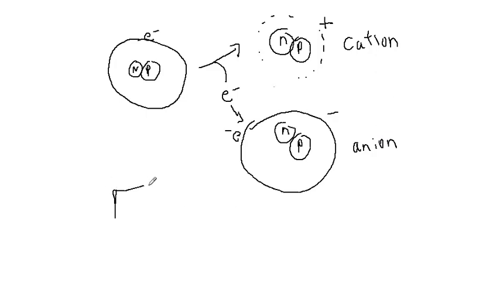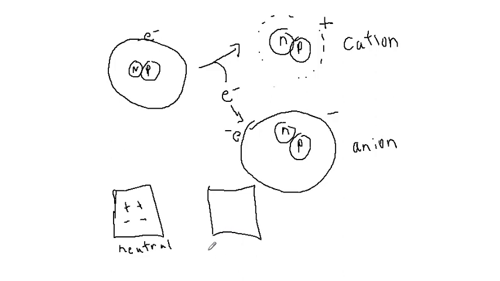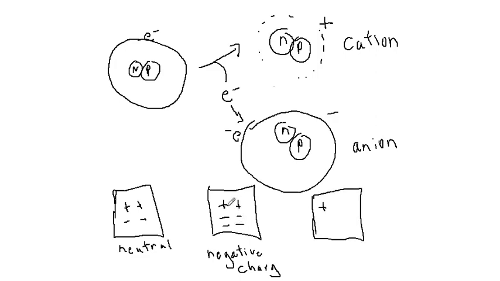We learned that an object can be neutral if the pluses and minuses balance, the protons and electrons balance, negatively charged if the pluses and minuses do not match. So this has 2 protons and 4 negative electrons.